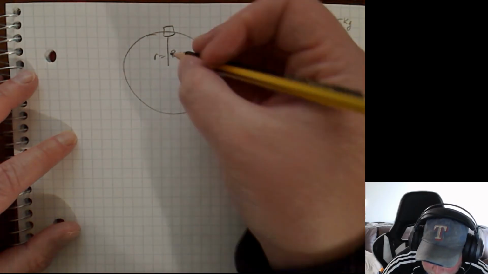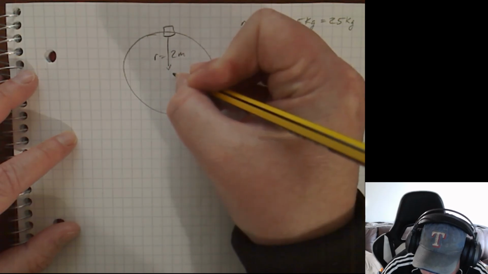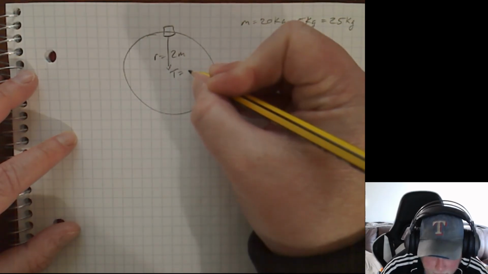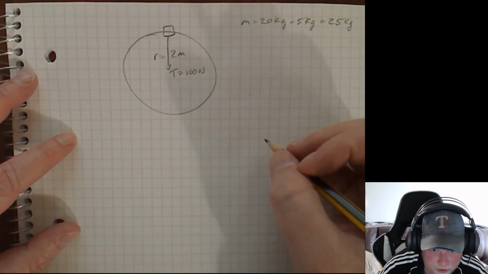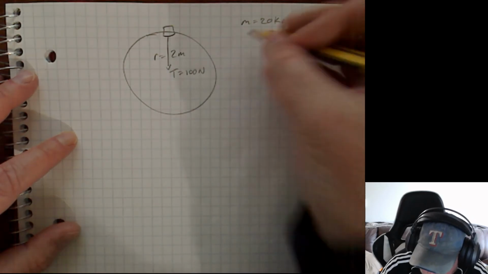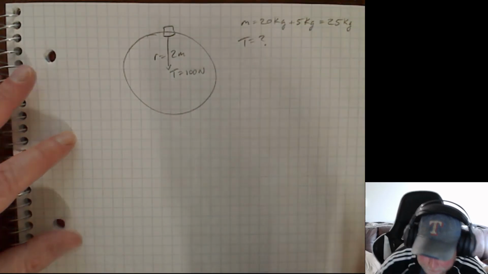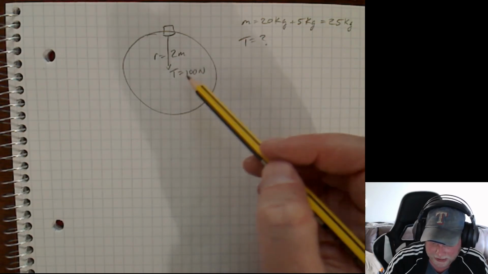We know that there is a force of tension of 100 newtons. And we want to know the time it takes to make one revolution, so we want to know the period. So we have a radius of 2 meters, a tension force of 100, and we've got mass.